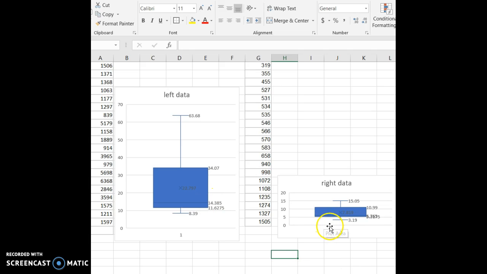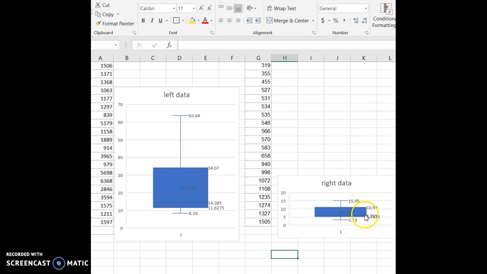But just looking at the boxes and where the minimum and the maximum go, the minimum is much smaller for the right data than for the left data. The maximum for the left data is much higher than the maximum on the right data. It's about 4 times what it is of the right data.